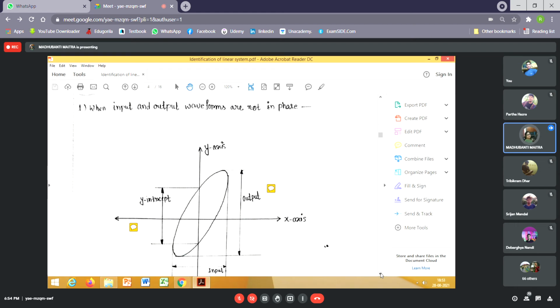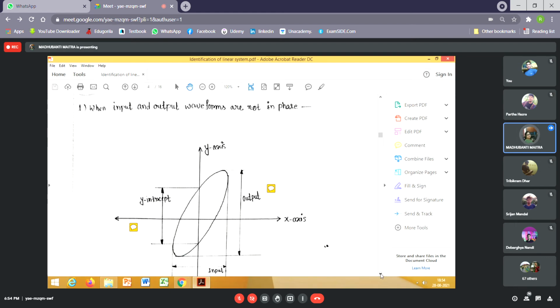So in this case, depending upon the phase shift and amplitudes of the input and output, on the screen of the oscilloscope we'll get different patterns, right? If there is a phase shift between the output and the input, we'll get an ellipse like this. If the phase shift is 90 degree, then instead of an ellipse, we'll get a circle.